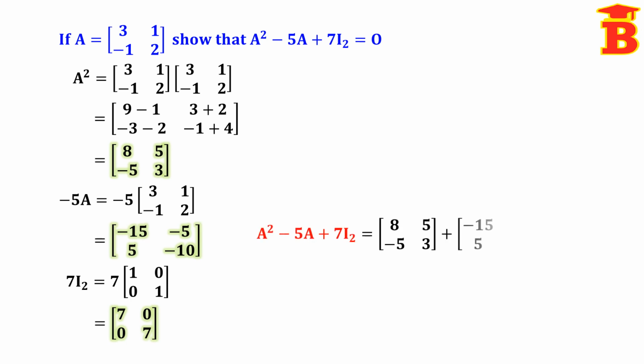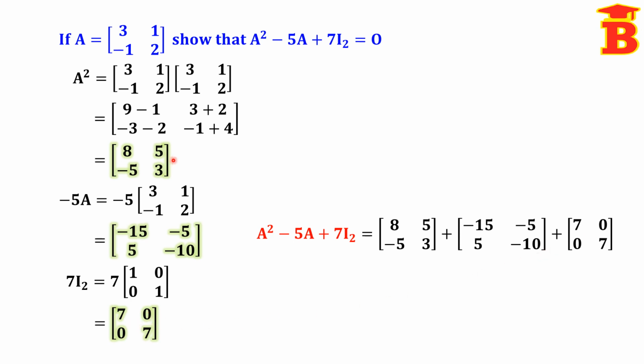Now take the left hand side, A square minus 5A plus 7I2, and just add all these three matrices. So A square is [8, 5; minus 5, 3], plus minus 5A is this matrix, we multiplied the minus also inside, so add the matrix [minus 15, minus 5; 5, minus 10], plus 7I2 is [7, 0; 0, 7].